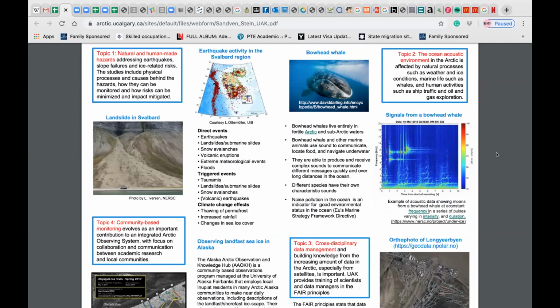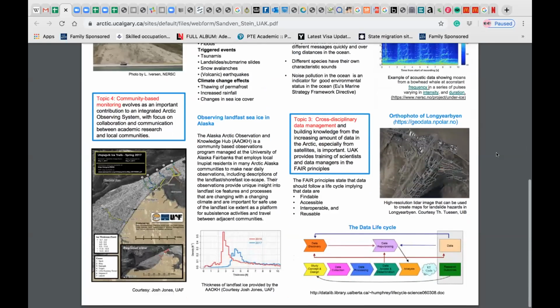Okay, so if we go further down on the poster, we have topic 3. This is more about cross-disciplinary data management. We know that there is a lot of data being collected now in the Arctic, and we are using new instruments. We collect more and more data, and these data can sometimes be more complicated, but the thing here is that it's important that we manage the data properly so that the data can be used after the project is finished.